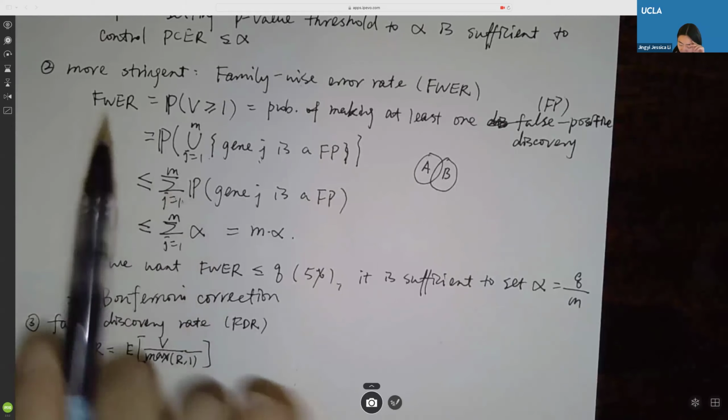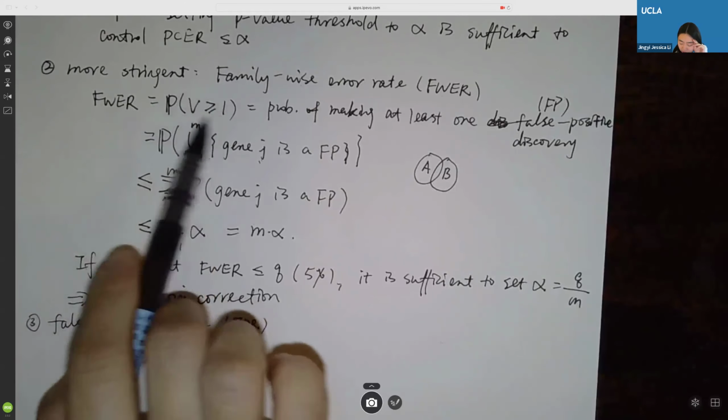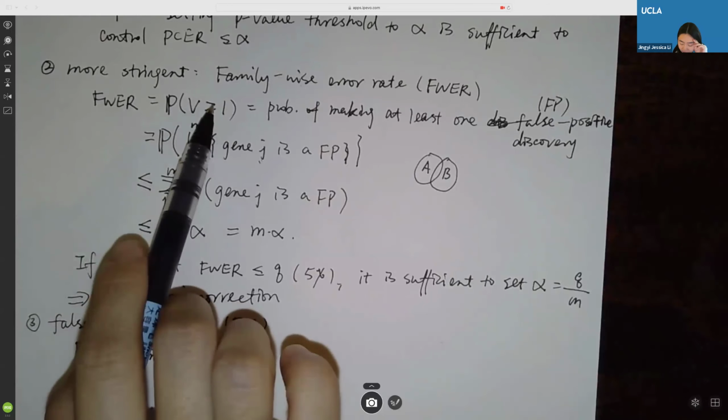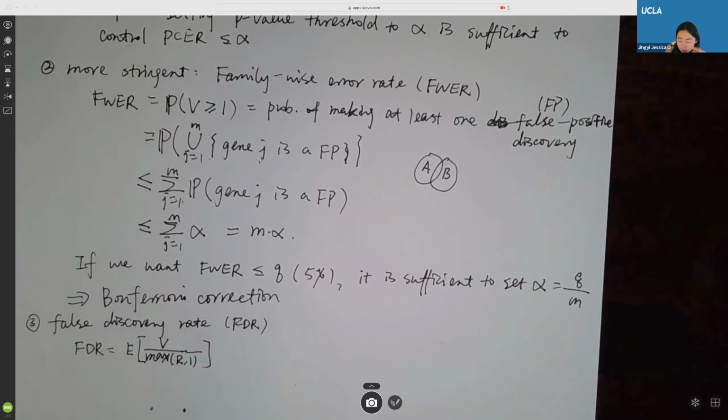It's not as stringent as the family-wise error rate, because if there are 5 false discoveries, that satisfies the event that V is larger than or equal to 1. This is something we don't tolerate when we control the family-wise error rate, but it's something we can tolerate when we talk about FDR control. So when we set a p-value threshold in a multiple testing setting, we are essentially following a criterion. Given different criteria, we may set different thresholds.